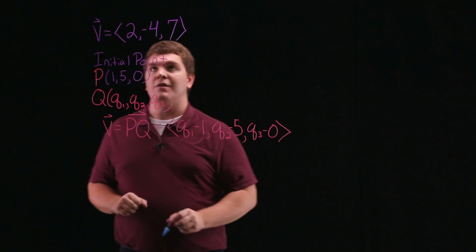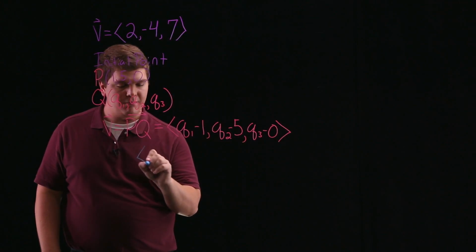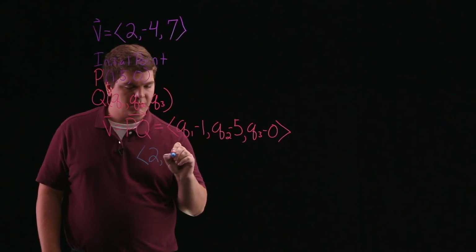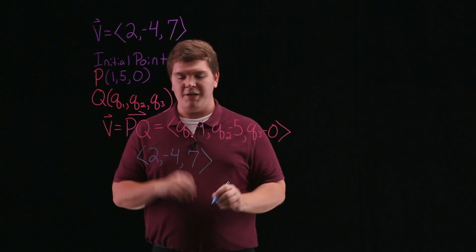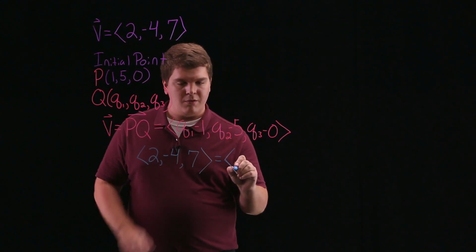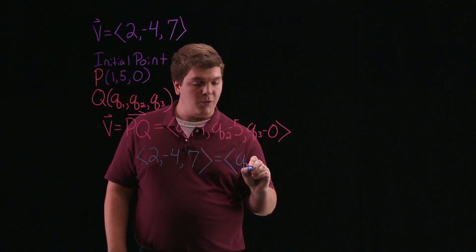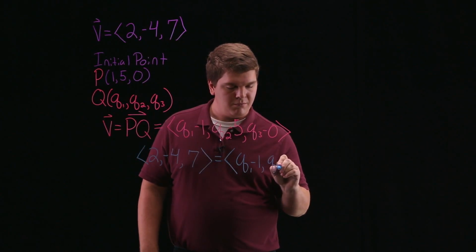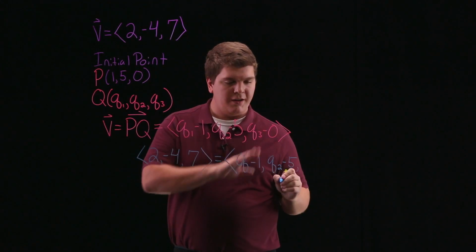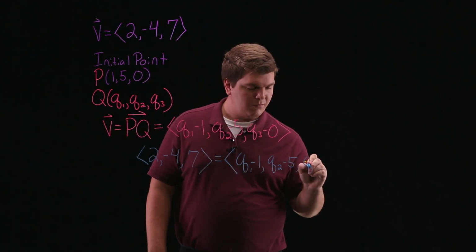So our vector v was the vector 2, negative 4, 7. And our vector PQ was the vector Q1 minus 1, Q2 minus 5, and Q3 minus 0.